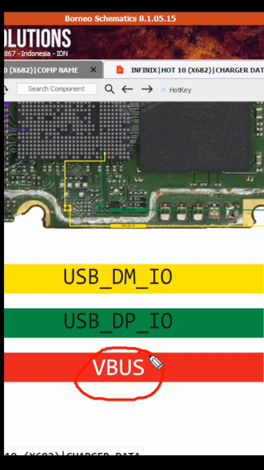What are the conditions that can happen to this guy whenever you are troubleshooting charging problem? Let's check the different cases that can happen. Okay, so let's go to the board.